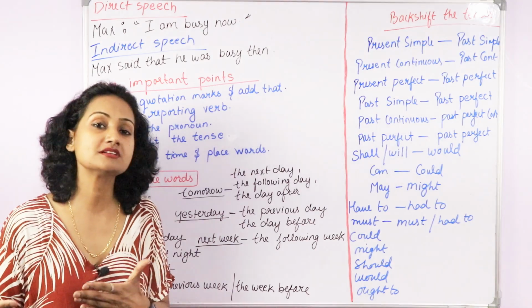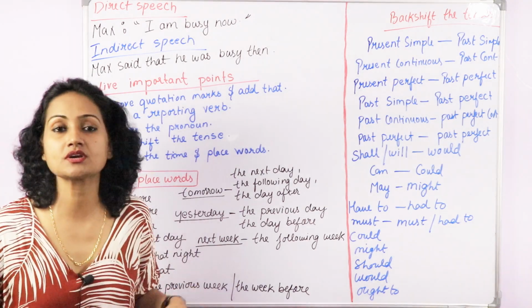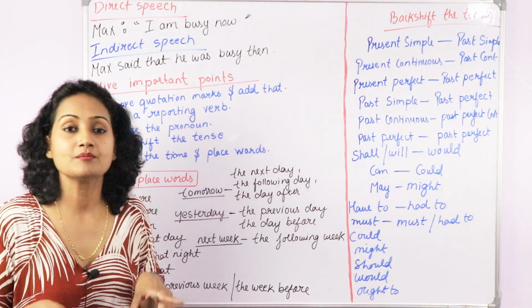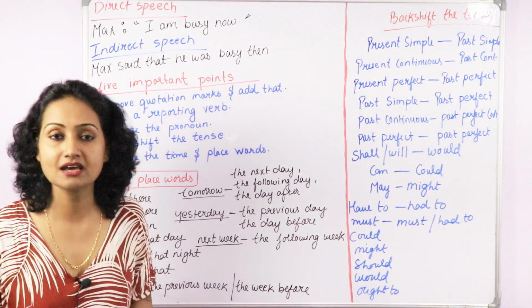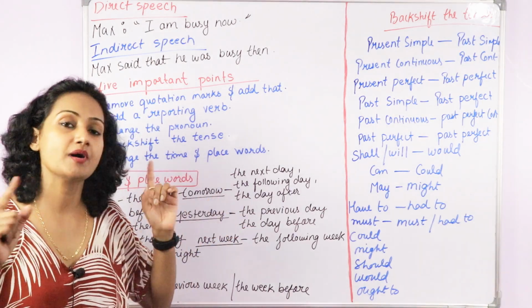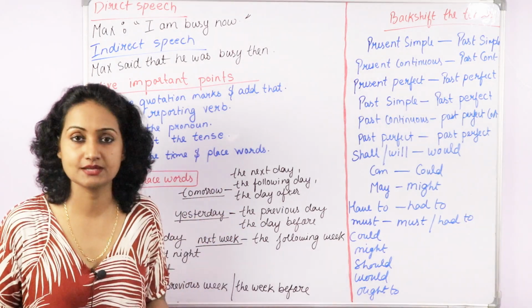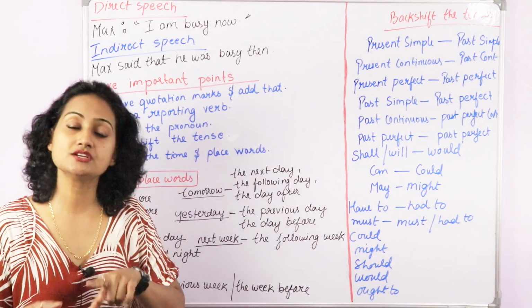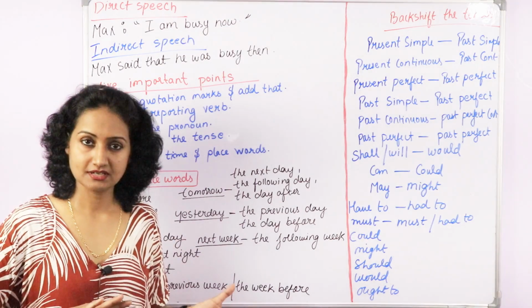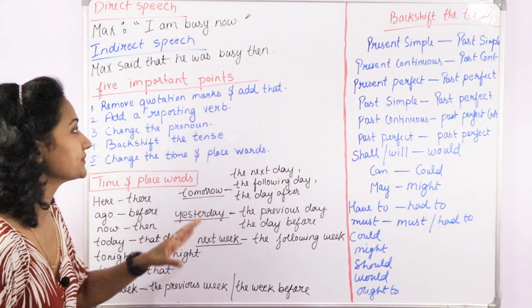So you can't frame it in present simple because you're not talking about present, that has become past. You cannot say that Max said that he is busy now, because he is not busy right now. He was busy in the past, but right now he is not busy. So you have to change it into past. That's why we have to backshift the tense.